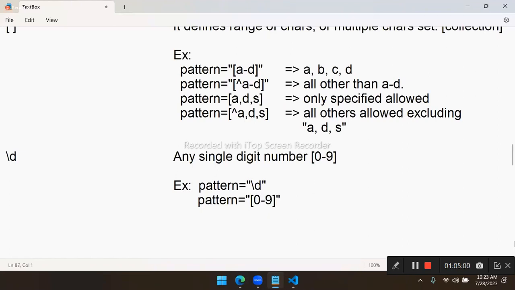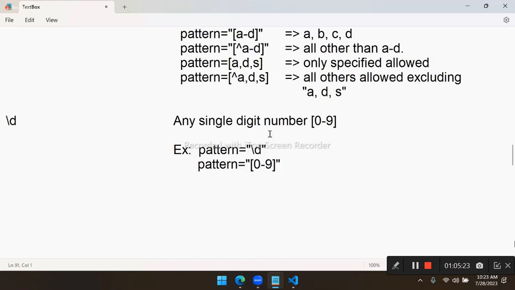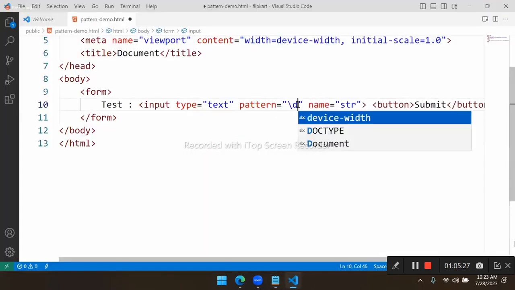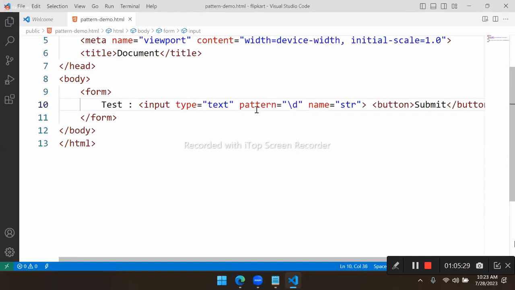You can write either /D or 0, 9. This indicates any range, number also. This is used for numeric ranges. I will give in the next point. We will see all ranges at one place. This indicates only one digit number. Now see here, we are writing /d. /d means any numeric value.